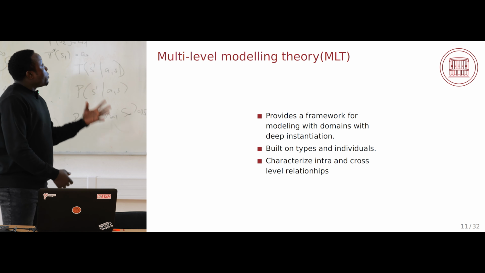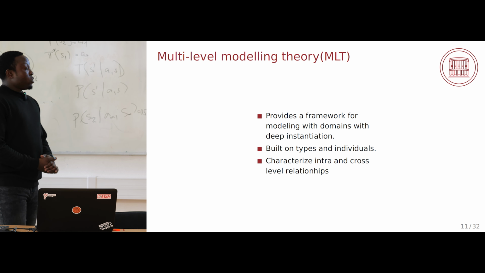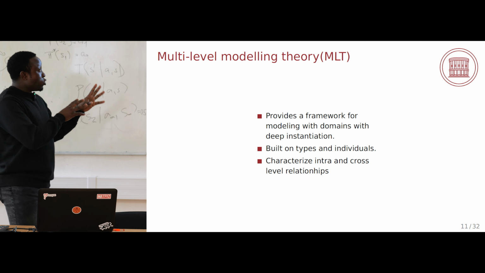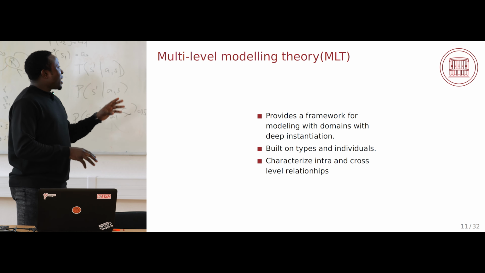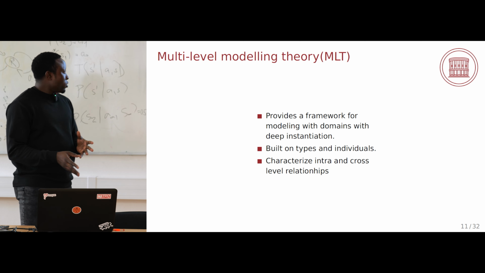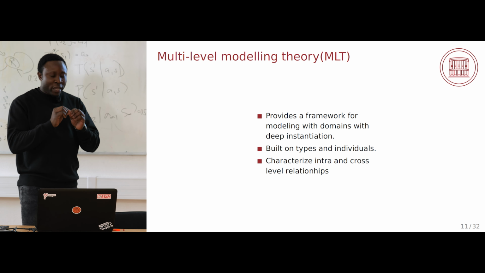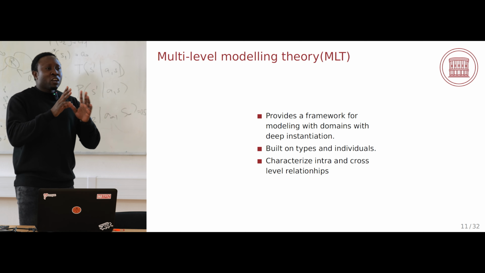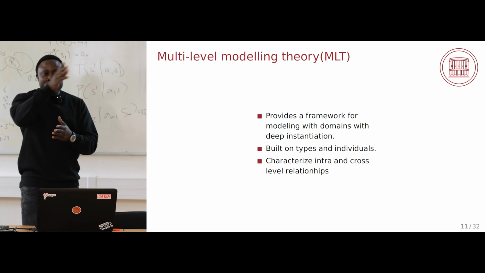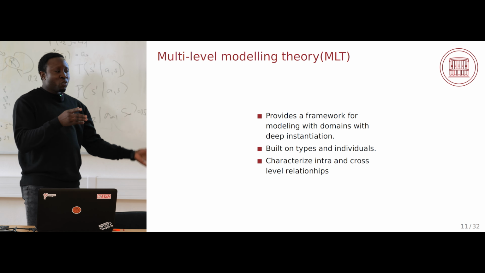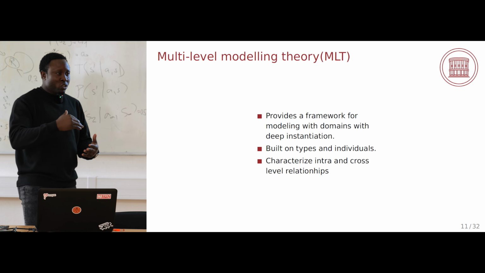So the multi-level modeling theory, which is MLT, is a framework that is built with deep instantiation, and it's built on types and individuals. In this multi-level classification, we can consider the kinds of relationship that exist between different levels, in the form of intra-level relationships and then cross-level relationships.